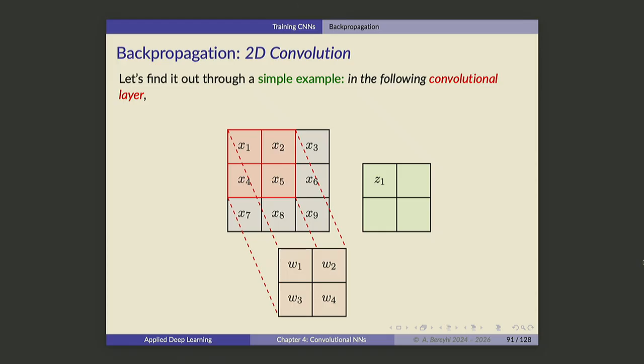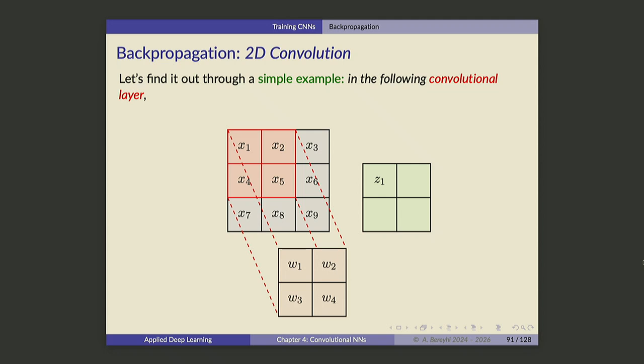Now, look at this one. I want to know what is the gradient of r hat with respect to z1. I already have it, right? I don't need to think about it. The gradient of z1 with respect to x1. What is it? When I want to compute z1, how does x1 show up there? It's going to get multiplied by w1 and then added up to all other multiplications and then gives me z1, right?